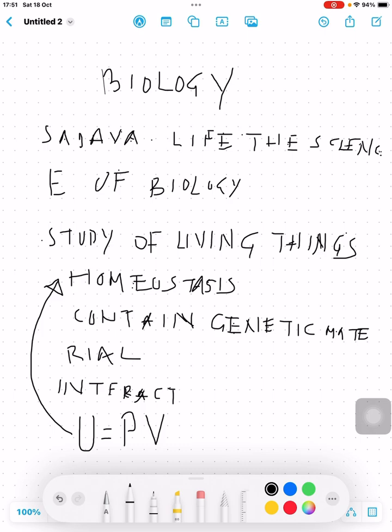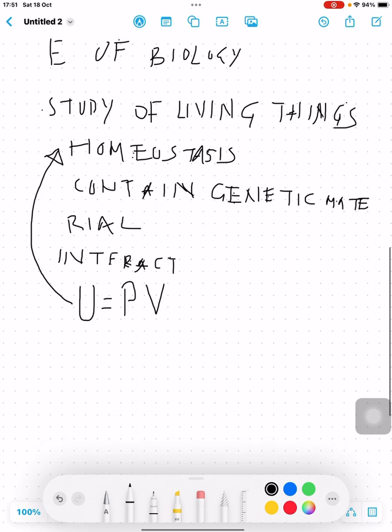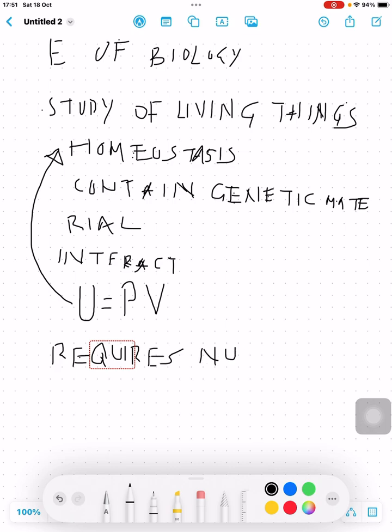And another component of living things is that a living organism requires nutrients for energy.